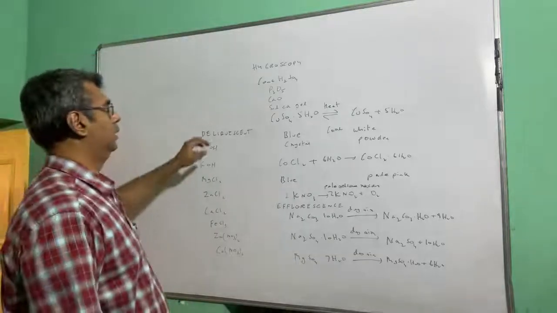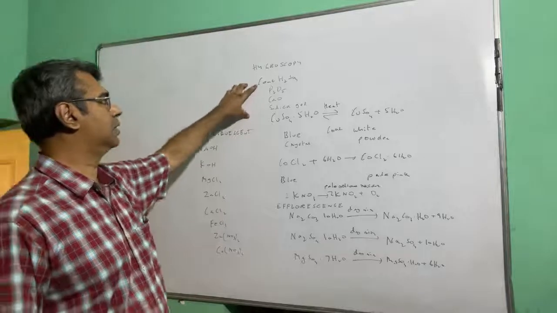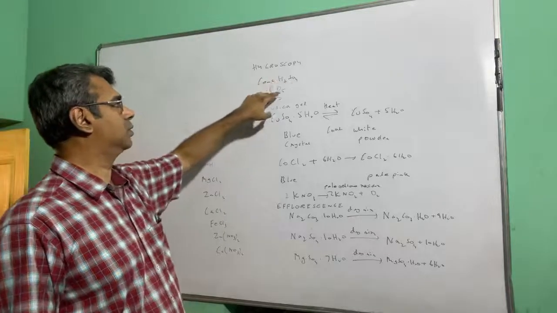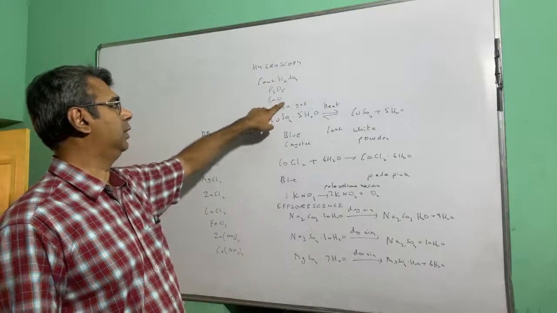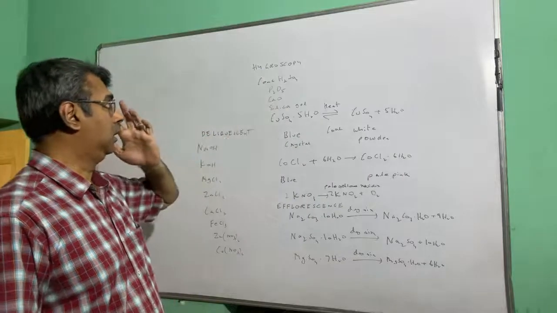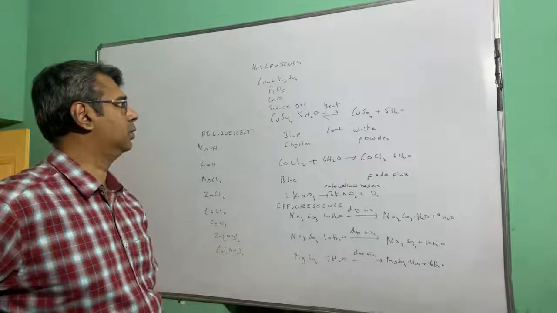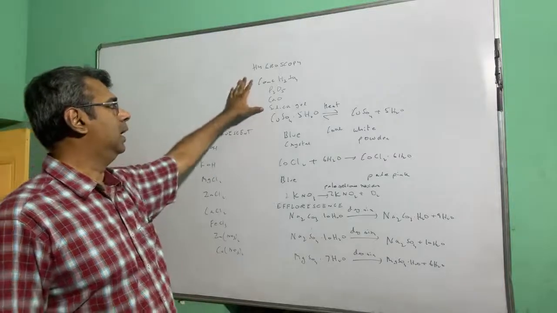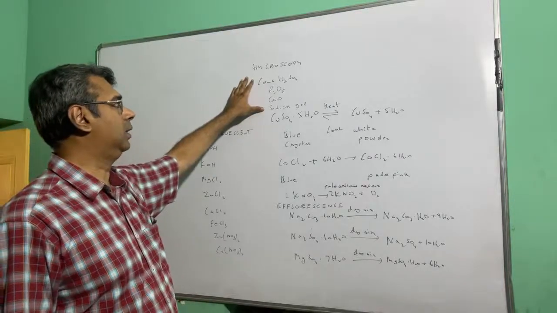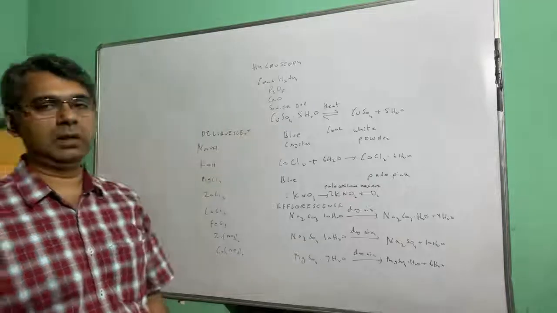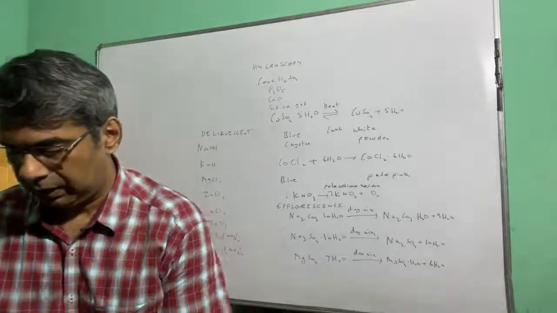Okay, now there are a few substances given here: concentrated H2SO4, P2O5, CaO and silica gel. These substances have a property called hygroscopy. What is hygroscopy? Hygroscopy means that on exposure to air, these substances will absorb moisture from the air, right?